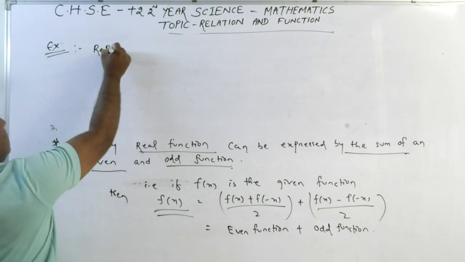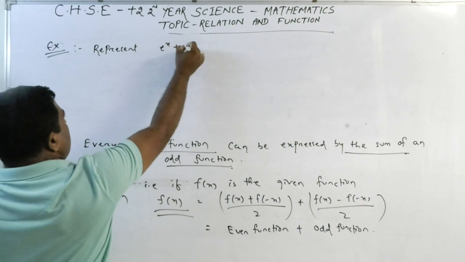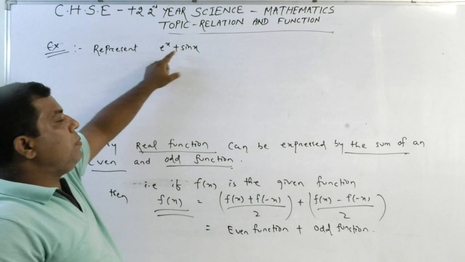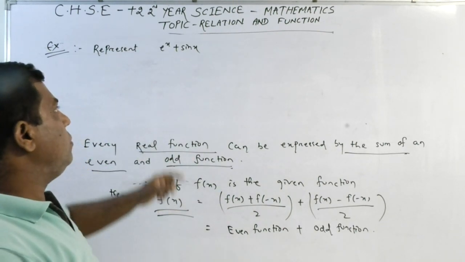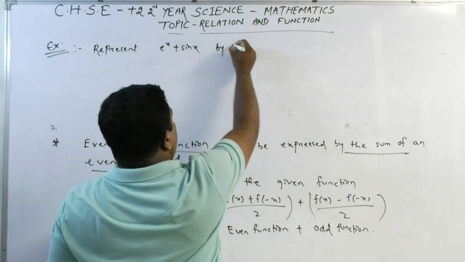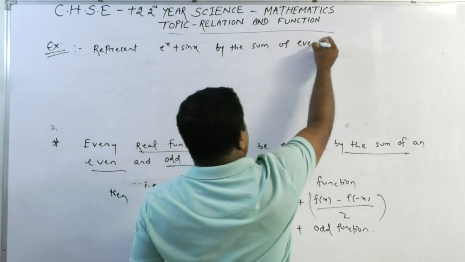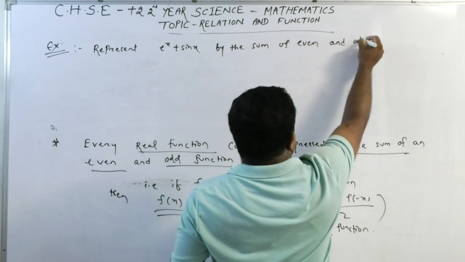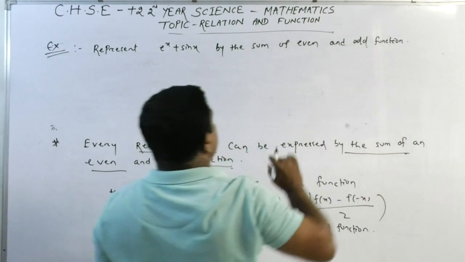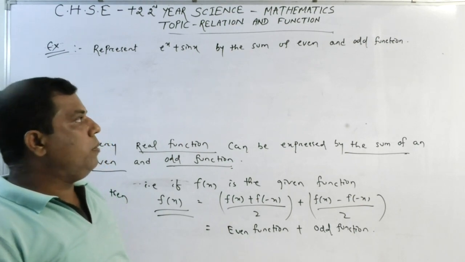Represent this expression, which contains an exponential function and a trigonometric function, e to the power x plus sin x, by the sum of an even and odd function.